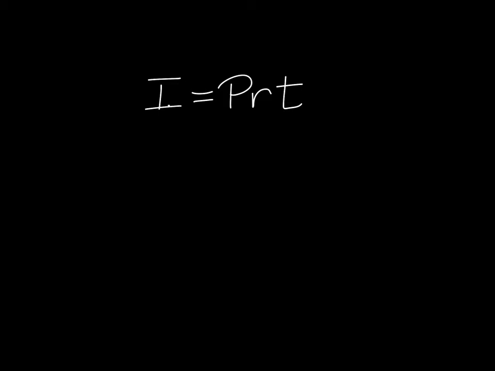Okay. So these letters all mean something. This is a formula, and when you have a formula, the letters mean something. So the I is your interest. So this is how much is going to be added on. Okay, maybe at the end of the year, the person gets an extra $2. So that's what would show up there, the interest amount that's added on.